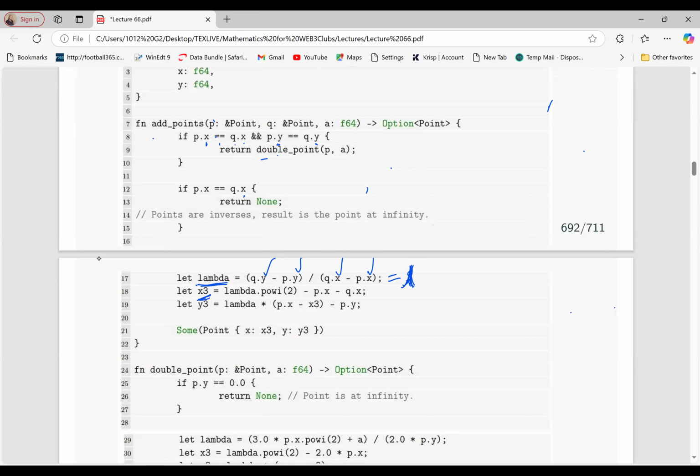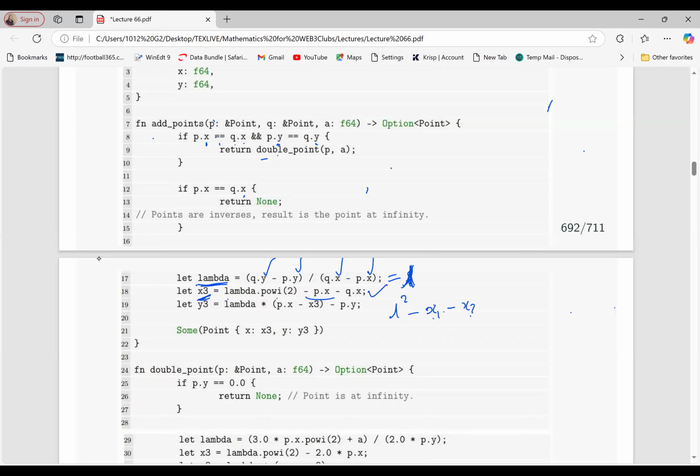Now, what about x3? x3 will be the gradient, which you call lambda, but now squared. So it will be lambda squared minus the x value of p, which we call x1, minus x2. This is a coordinate of p and this is a coordinate of q.